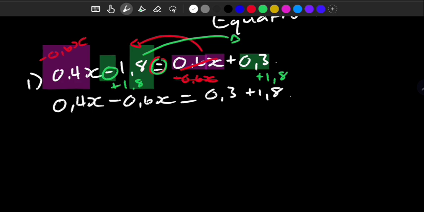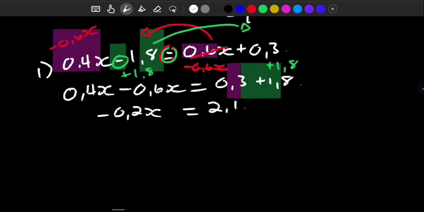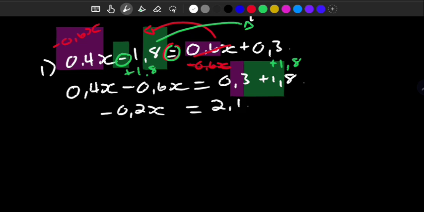0.4x minus 0.6x gives you negative 0.2x, which is equal to 0.3 plus 1.8, and that gives you 2.1, right? Now if you want x by herself, you would need to divide, because as it is, this equation is negative 0.2 multiplied by x.